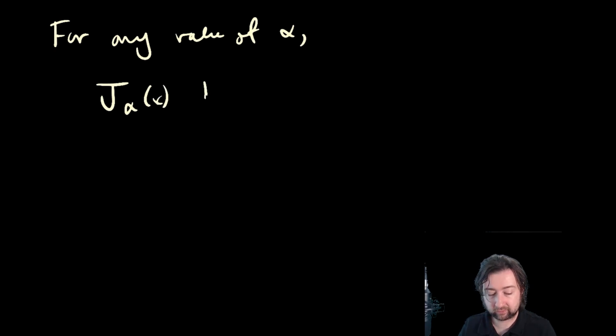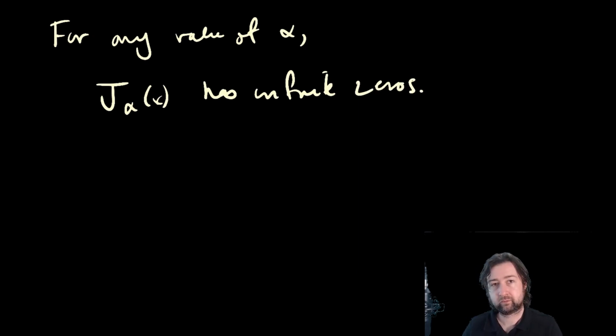Well, the first thing to note is for any value of alpha, the Bessel function of the first kind, J alpha of x, has infinite zeros. Now, you saw a piece of the graph where the Bessel functions kind of look like this, and so you could believe that they have infinite zeros, but that's something that needs to be shown.